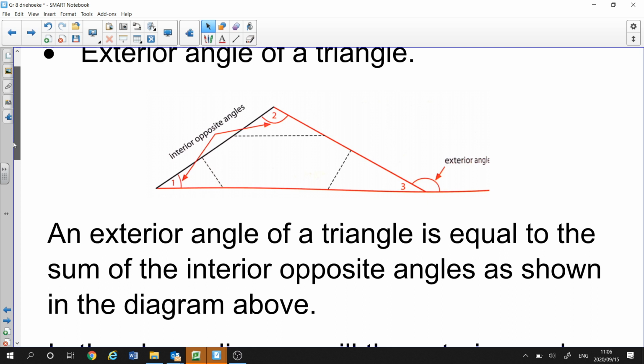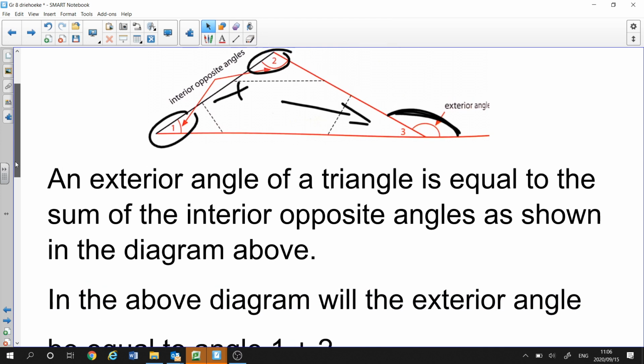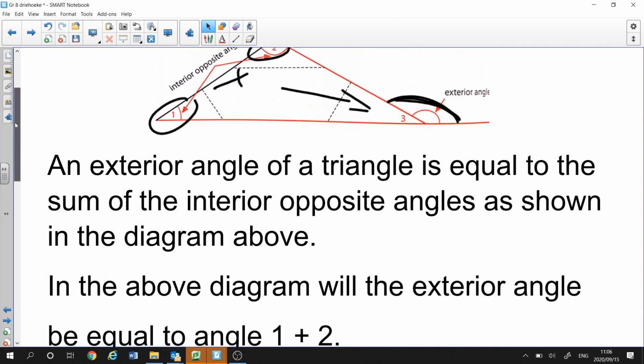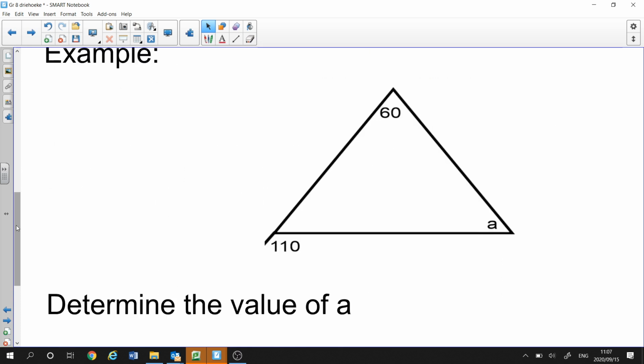So that one there will be equal to the sum of 1 and 2. In the diagram above, that one plus that one will be equal to my exterior angle.